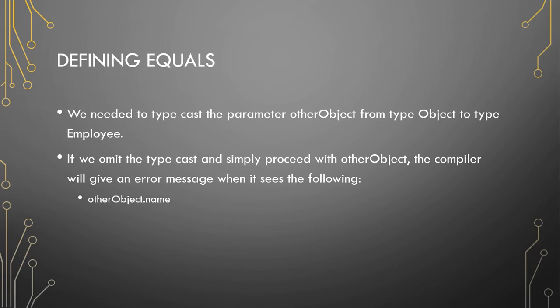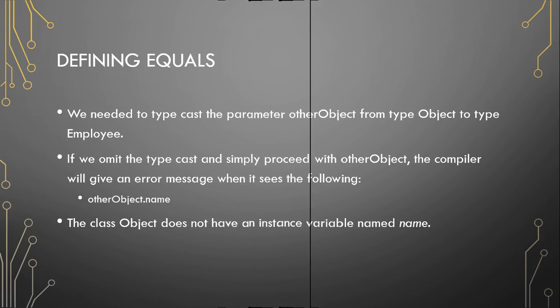If we omit the typecast and simply proceed with otherObject, the compiler will give an error message when it sees otherObject.name, because the class Object does not have an instance variable named name. Name belongs only to Employee.